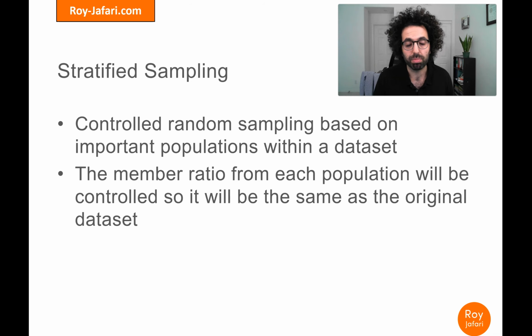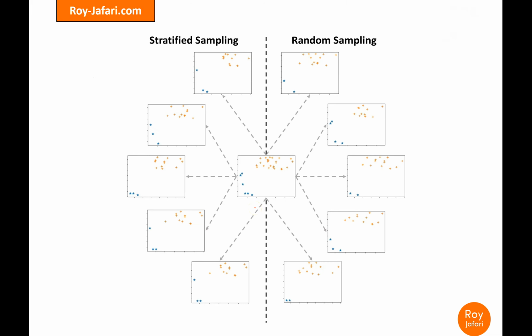So let me try to explain that in this example. Here in the middle, we have a data set, right? So this is our original data set. And here we have taken 10 samples. The ones on the right are random samples. The ones on the left are stratified samples. Pay attention here.